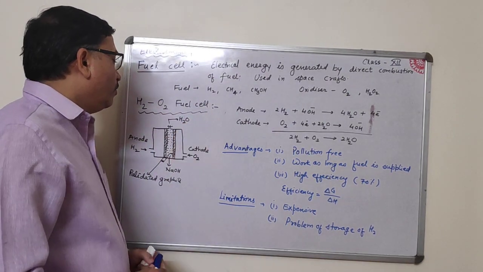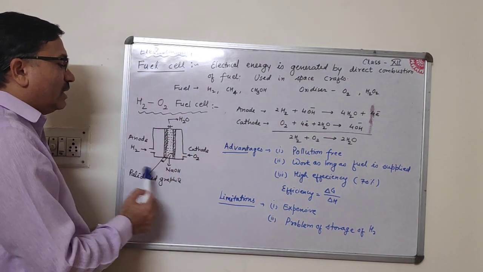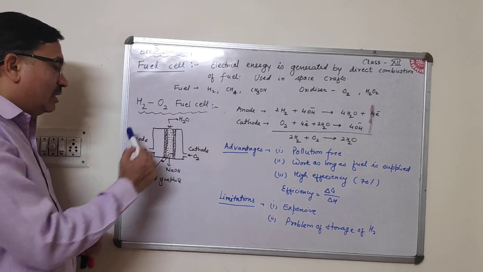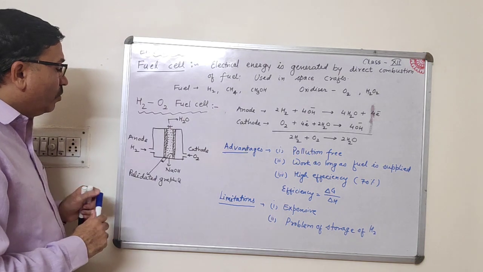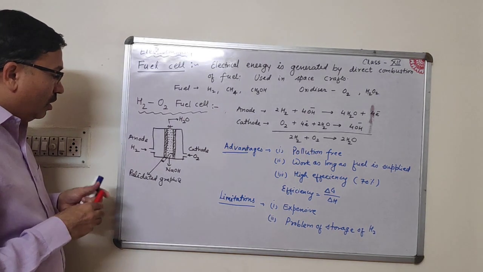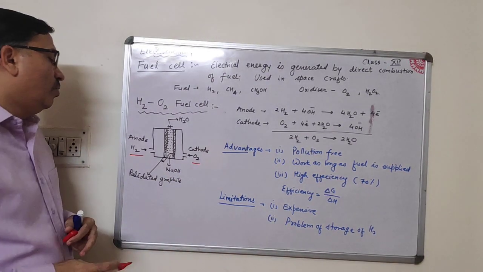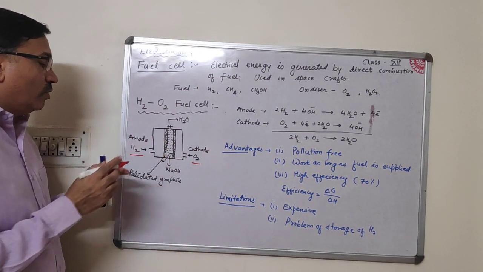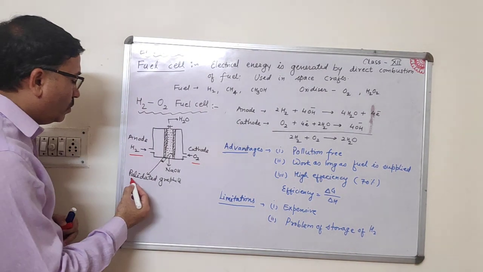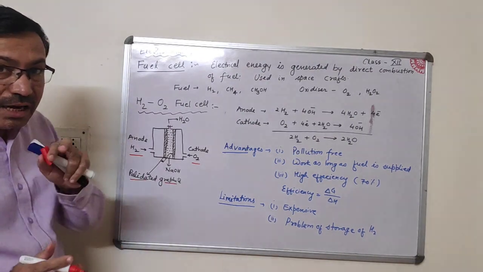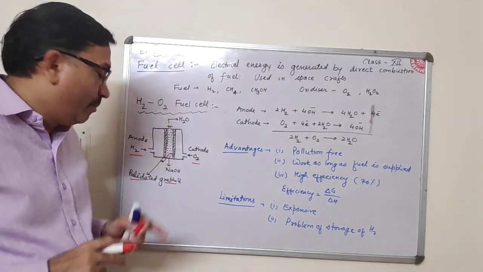Hydrogen oxygen fuel cell. So if you see this hydrogen oxygen fuel cell, I have made its diagram. What we are using at the anode is hydrogen, and at the cathode we are using oxygen. You know, hydrogen and oxygen both require a specific inert electrode, so we are using palladiated graphite here. Palladium is used in graphite, so it increases the speed of the reaction.